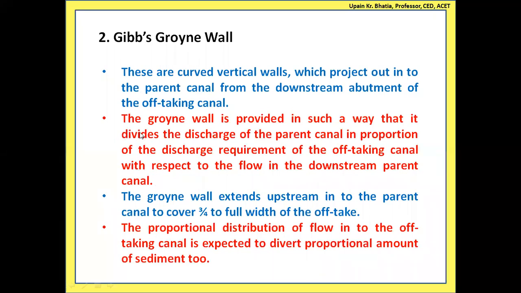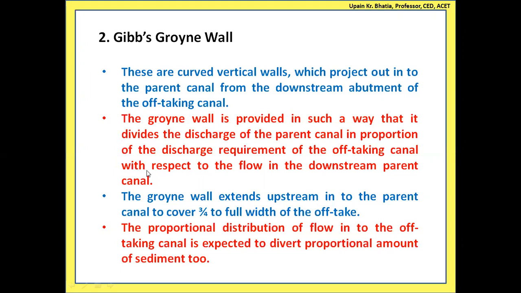Now the next point says the groin wall is provided in such a way that it divides the discharge of the parent canal in proportion to the discharge requirements of the off-taking canal with respect to the flow in the downstream parent canal.